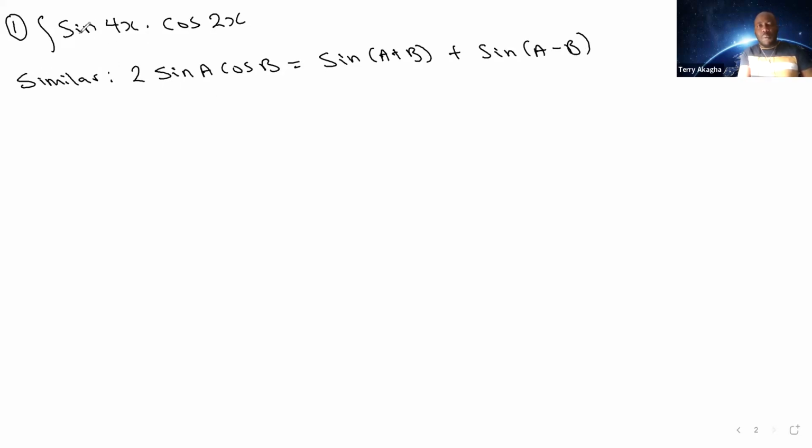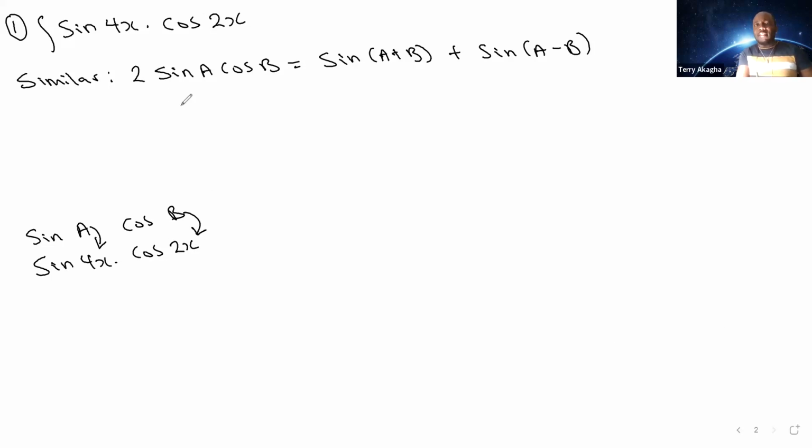From here, you can see that sine 4x cos 2x is similar to saying sine A cos B. So that means the A is 4x and the B is 2x.